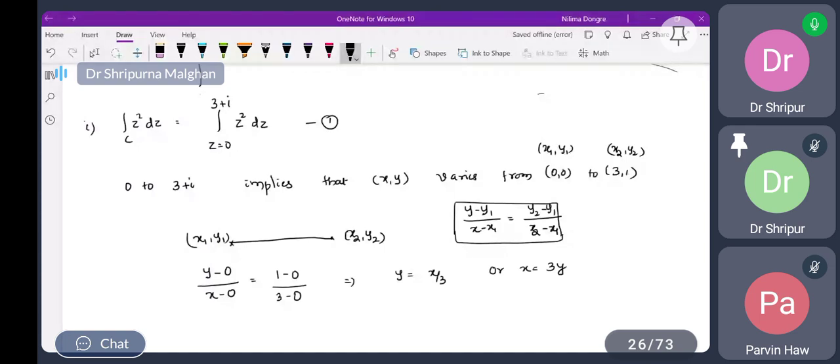Next one is we have z square is equal to x plus i y whole square. You already know that this is x square minus y square plus i 2xy, and dz is equal to dx plus i dy.